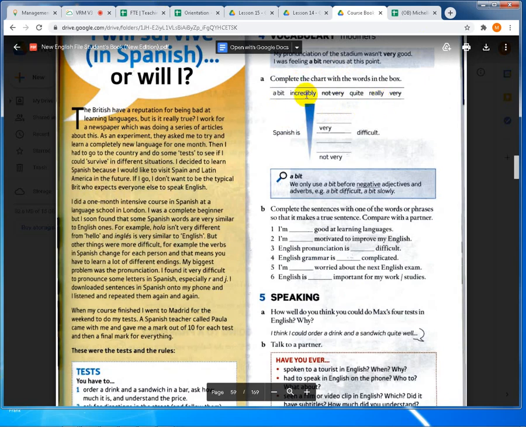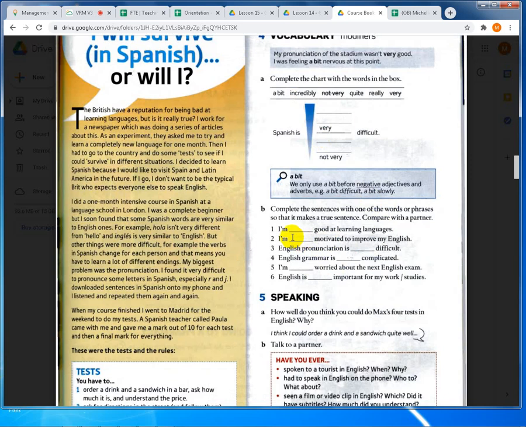But if you want to use other modifiers, that is okay. Because the goal is to complete the six sentences with one word so that it makes a true sentence about you.